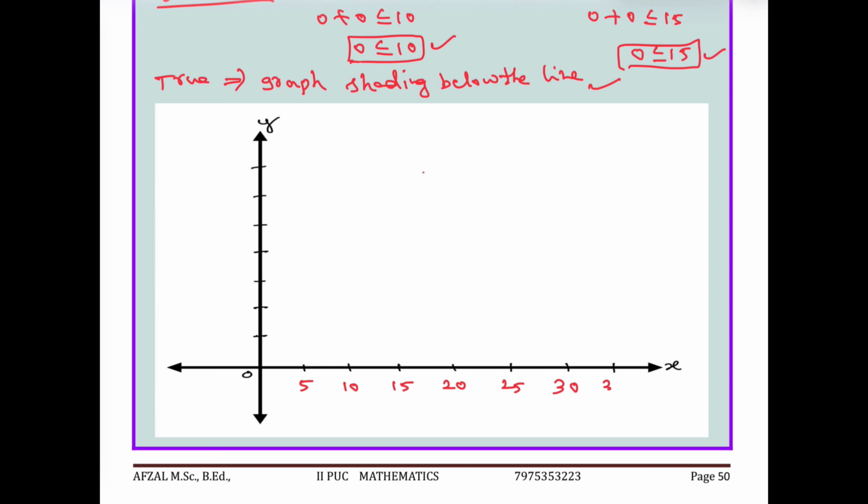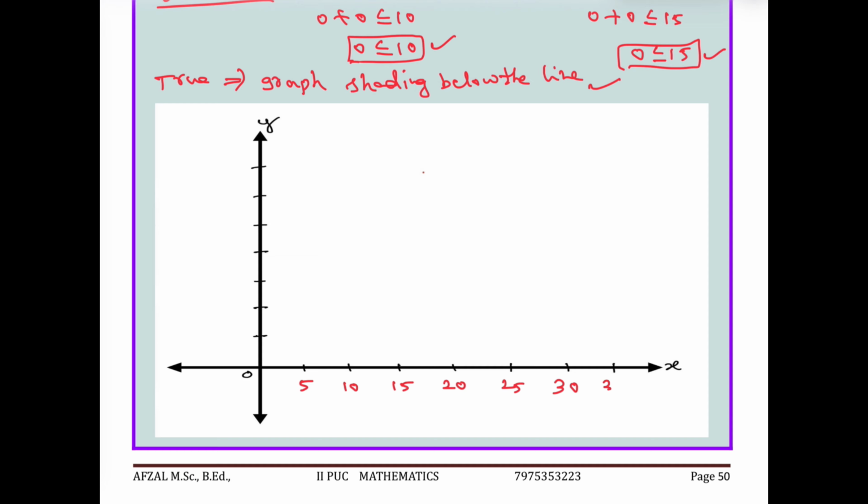We substitute f dash 0: 4 into 0 minus 3 equals 0 minus 3, which is minus 3, less than 0. If f dash c is less than 0, f is decreasing. Therefore, f is decreasing in minus infinity comma 3 by 4.